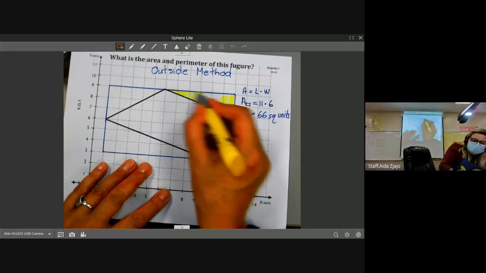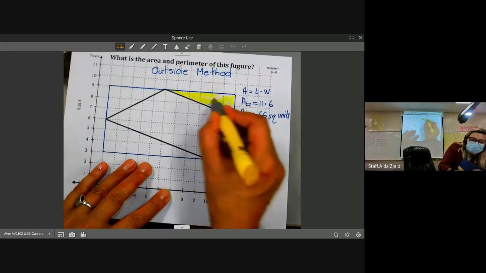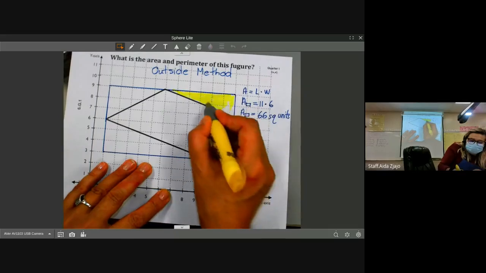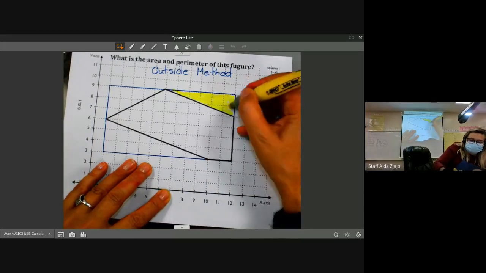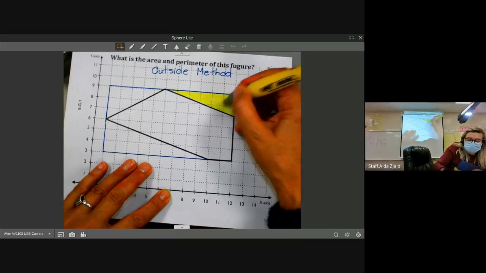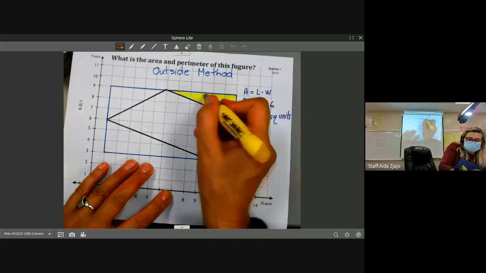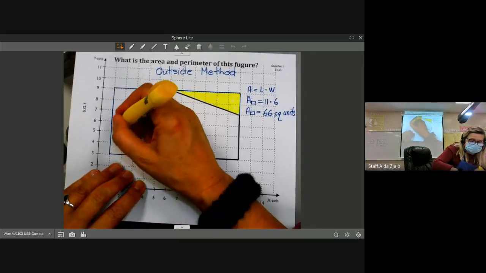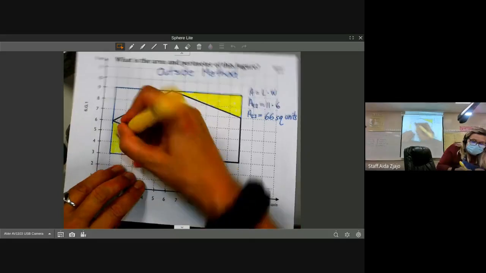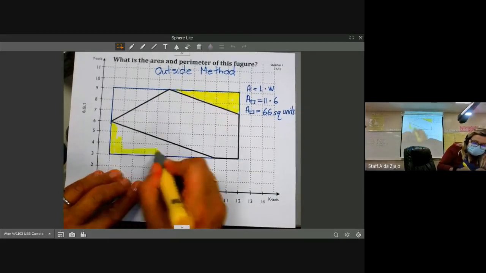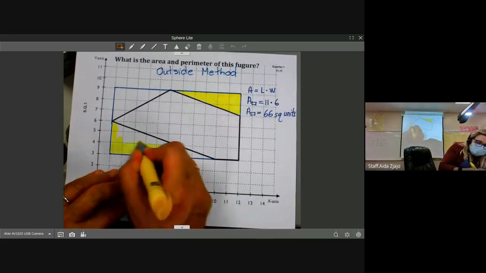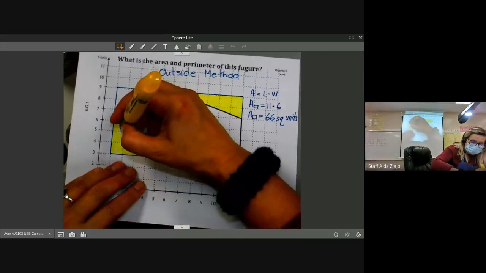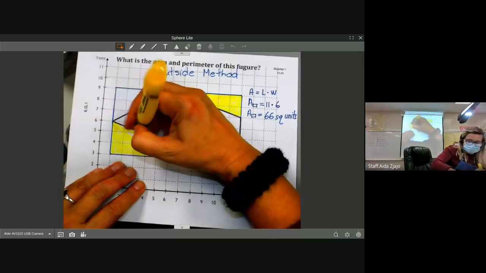Bravo. Anilada says I have to take them away from the 66 that is the total. But we need to figure out how much these extra parts are, so then we can take it off. So let's first highlight all the extra pieces that we need to take away.